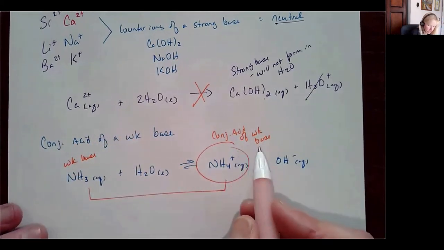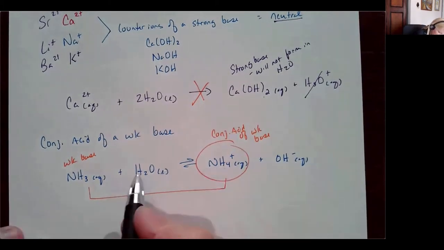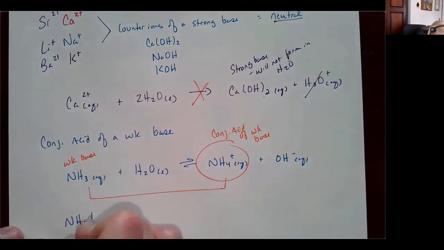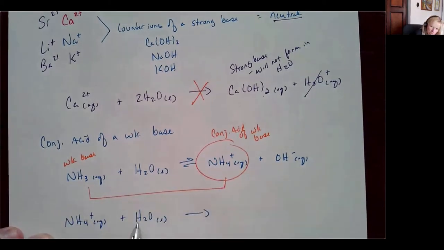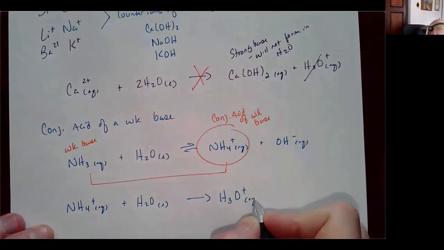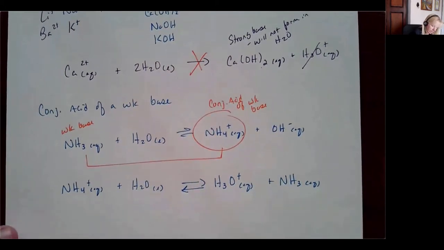If I have a conjugate acid of a weak base and I add that to water, so let's say I don't have any of this, I just have this, and I add it to water, what's going to happen is it's going to donate a hydrogen to water to form H3O plus and NH3. So it's going to go back to the weak base. This is an equilibrium scenario. So if I have the conjugate acid of a weak base, it can act like an acid in that it donates a proton to water.